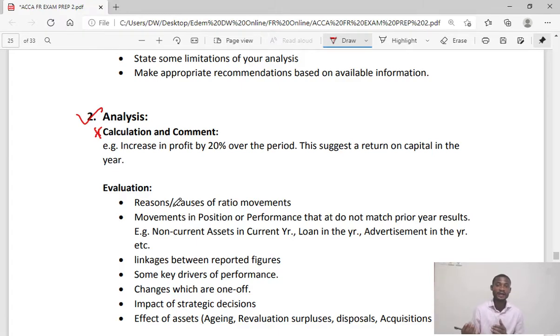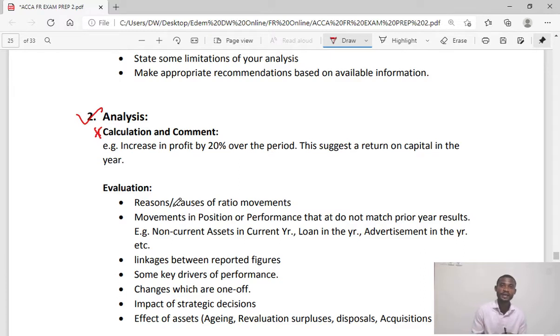So in terms of trend, for instance, I can say that the profit increased by 20% over the period, and that is a trend. Or I can actually look at the operating profit. Maybe prior year operating profit was 10%, and in the current year the operating profit is 20%.